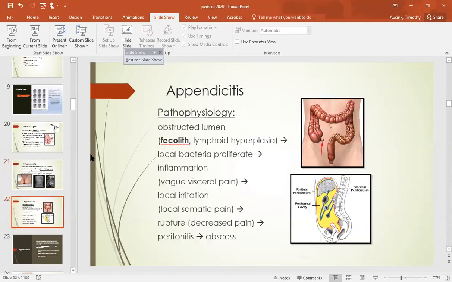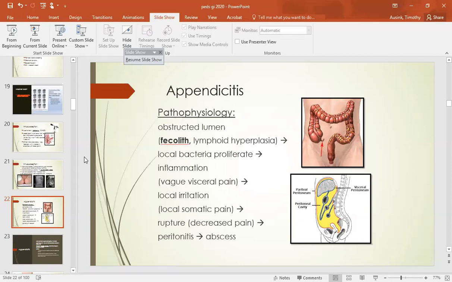All right, appendicitis. So appendicitis is going to be that classic triad. Does anybody know the triad for appendicitis? So it's McBurney is cholecystitis.